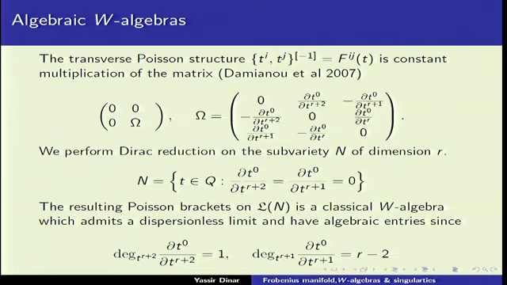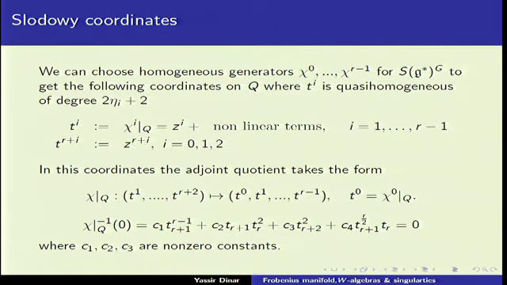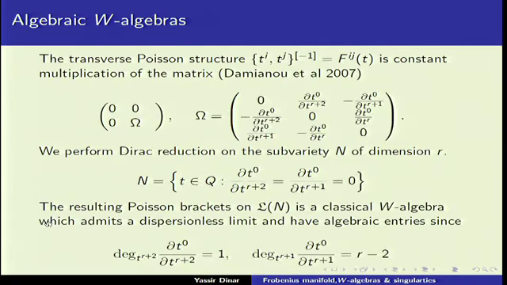This variable T0 is just a reduction of the higher invariant on Slodowy's slice using these coordinates.